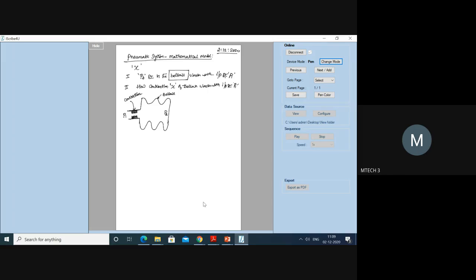Constriction is nothing but an obstruction where some change in cross section is going to be there. Whenever there is a change in cross section for the air to move, the pressure and the velocity are going to change. So this constriction gives you the resistance to the flow. One type of basic building block is the resistance.